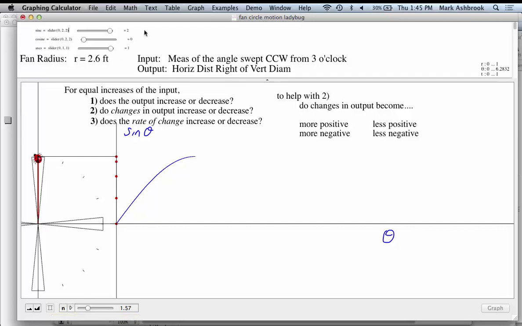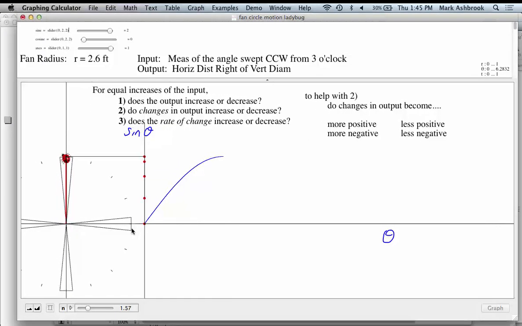And then in the second quadrant, as theta goes from pi over 2 to pi, what does the sine do? Tim, goes from what to what? Just the value of the vertical height.